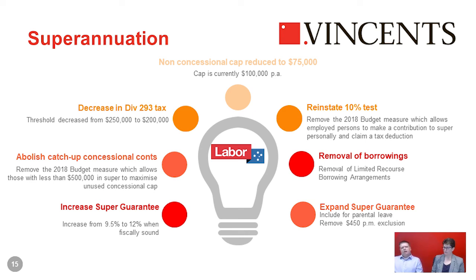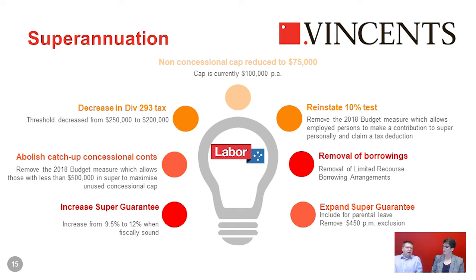So that's where from 1 July 2018, if you don't make maximum concessional contributions over the next, say, 5 years, you're able to actually go back and say, well, I've only put in $10,000 instead of $25,000, so therefore I have $15,000 concessional contribution I can make. And you can do that for the 5 years previously and use it in 1 year to claim a deduction for contributions going into super.